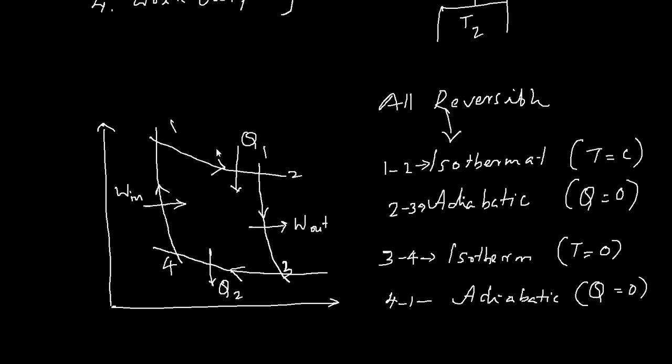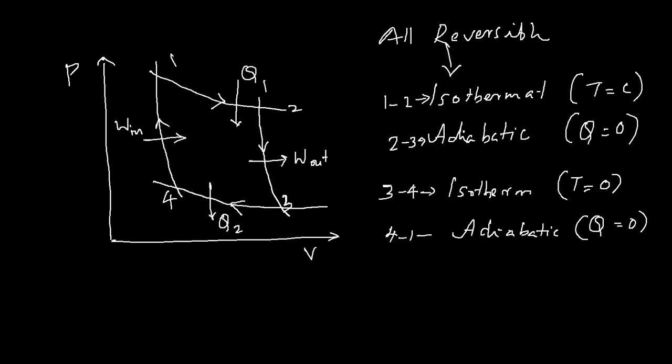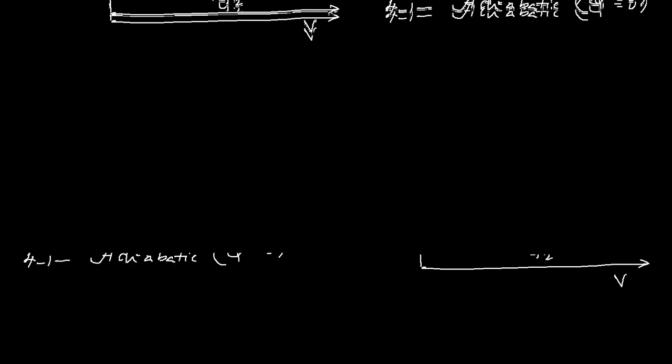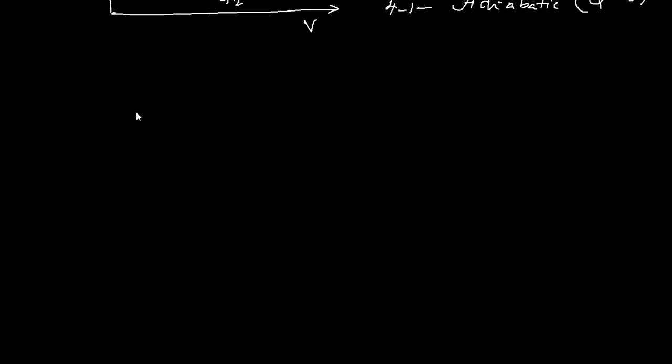Now this is a PV diagram of a Carnot cycle. You can also draw a TS diagram, and once again entropy is not a concept that we have discussed already, so we will see the topic entropy in the next few videos.